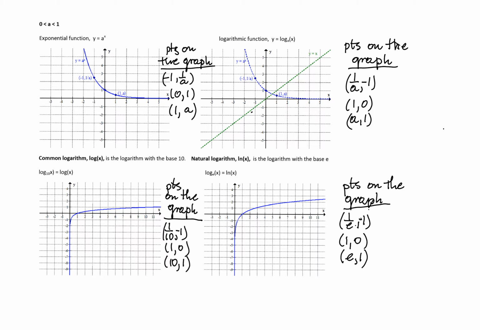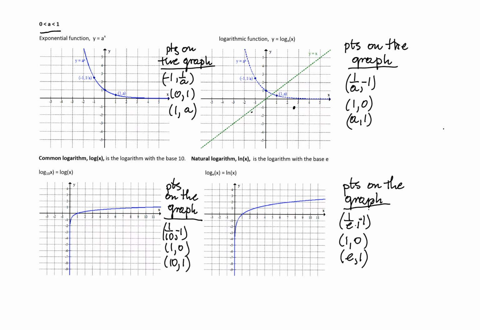As mentioned earlier, the properties of logarithms with the base between 0 and 1 are the same as for logarithms with the base greater than 1, with one exception: the graph, since the graph of the exponential function with a between 0 and 1 is different than the graph for a greater than 1. The generic points on the graph of logarithmic functions are still (1/a, -1), (1, 0), and (a, 1), but because a is now between 0 and 1, 1/a is greater than 1, so (1/a, -1) is going to be somewhere here.